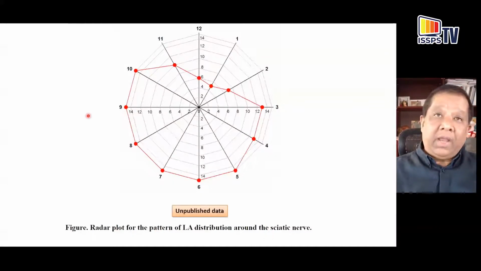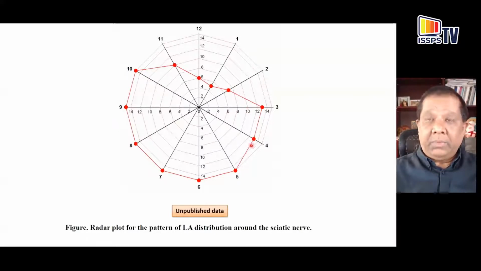Also, this is a radar plot to show you the distribution of the spread of local anesthetic along the sciatic nerve. So if you imagine to the left is your common peroneal nerve, and to the right is the tibial nerve, and this is looking at the halo of local anesthetic around the sciatic nerve just above the divergence.